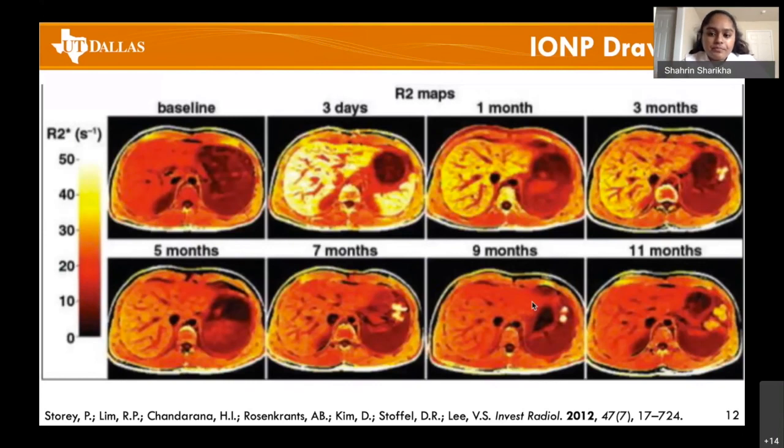Okay. I have a follow-up question. Do they mention how much iron nanoparticles accumulated, like what percentage of it was cleared out? I'm sorry, I don't remember that specific number. And I have a second question. Did they mention if there's a limit before it becomes toxic?